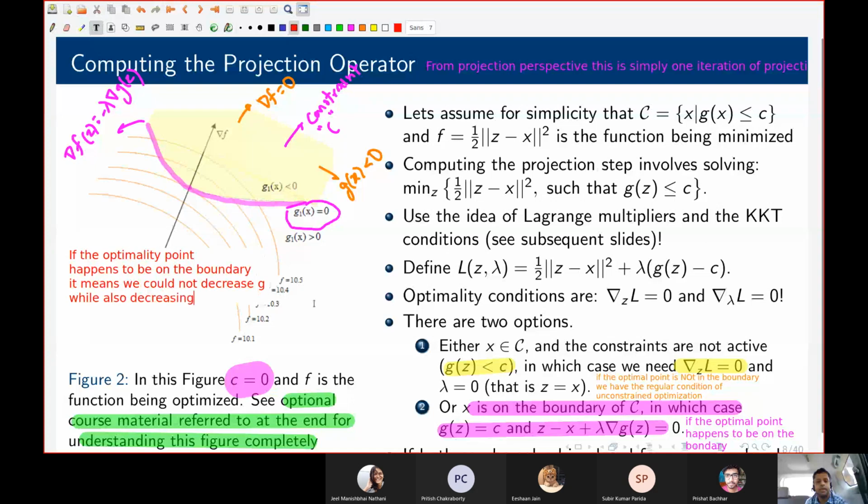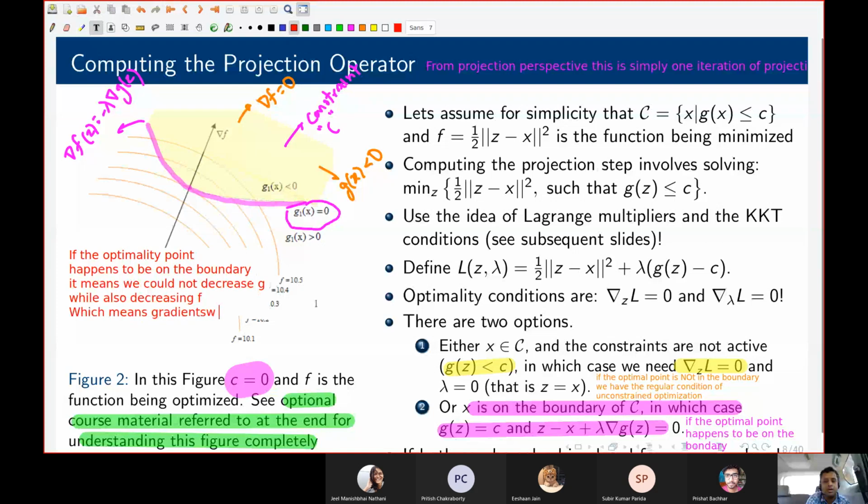You understand? Which means the gradients of g and f must have pointed in opposite directions. Okay, so this statement should help.